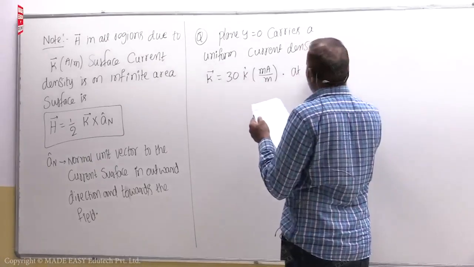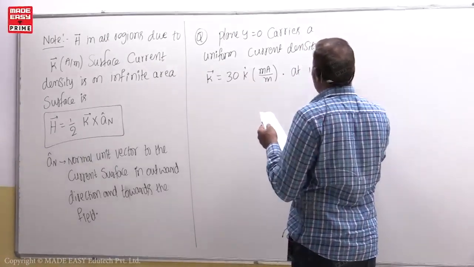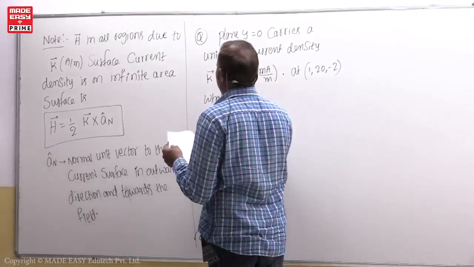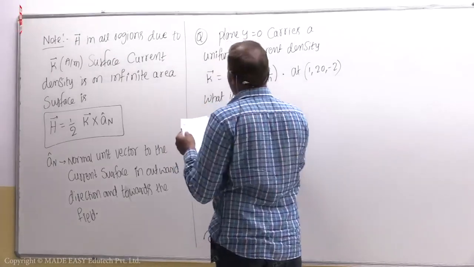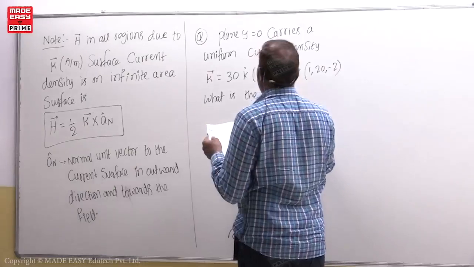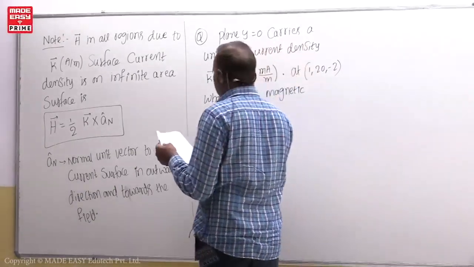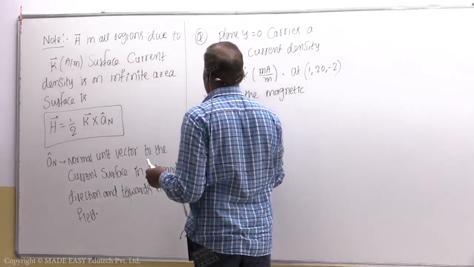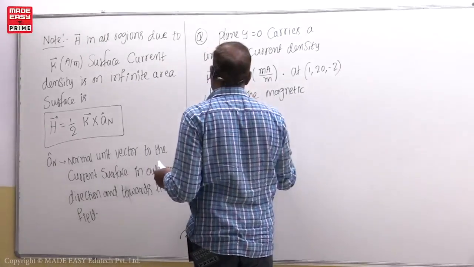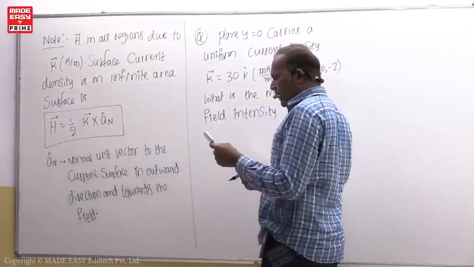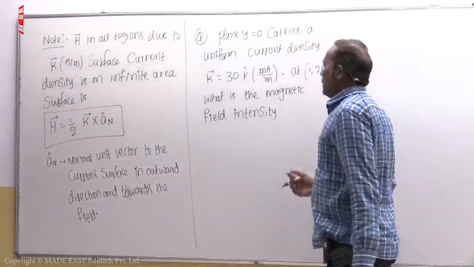At the point 1, 20, minus 2, what is the magnetic field intensity?